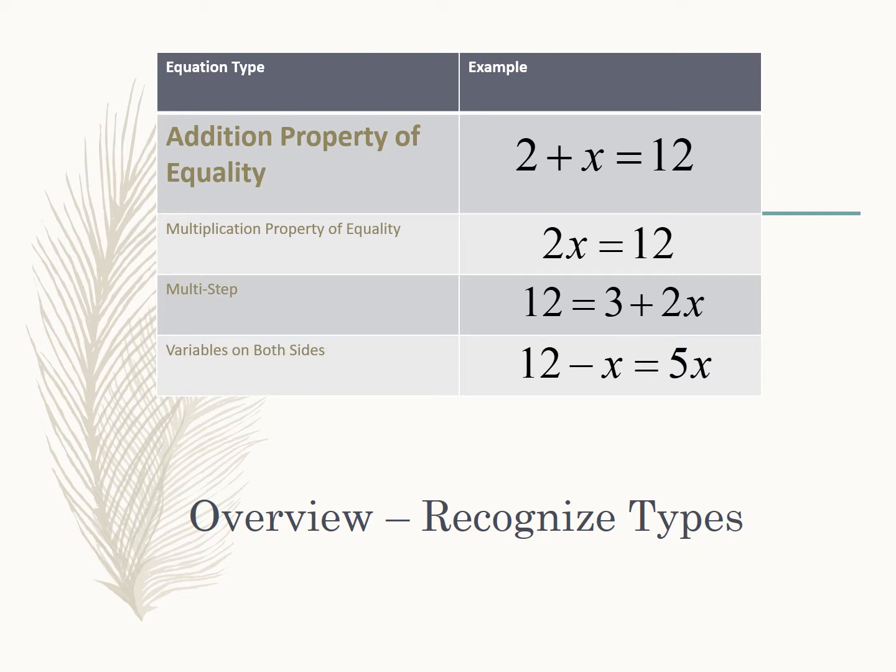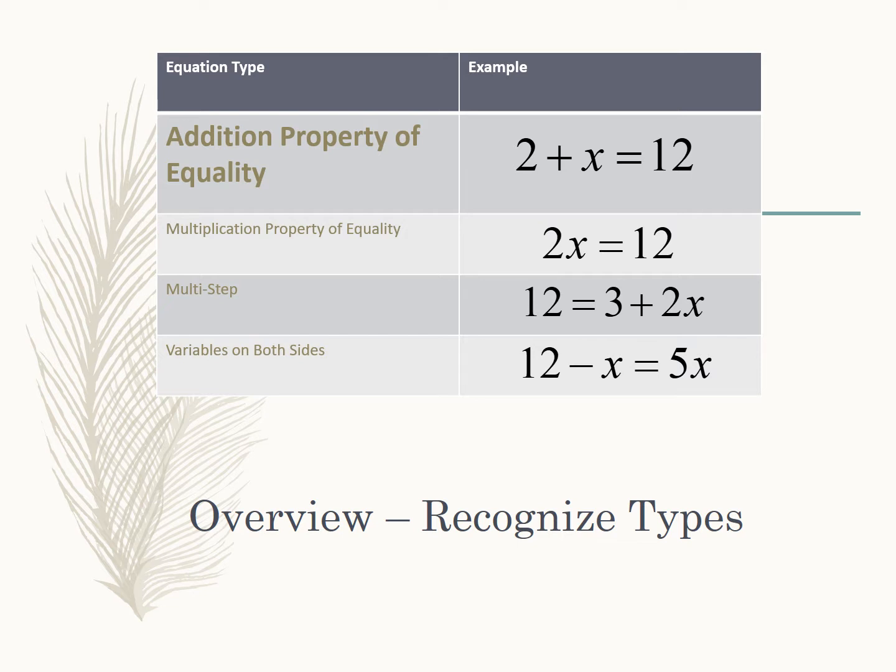Notice the third example. We have a combination of both the addition property of equality type equation and the multiplication property of equality type equation. We will go into detail about how to solve these types of equations where the variable is being multiplied by some value and is also being added or subtracted.